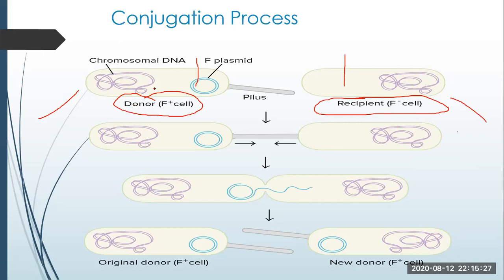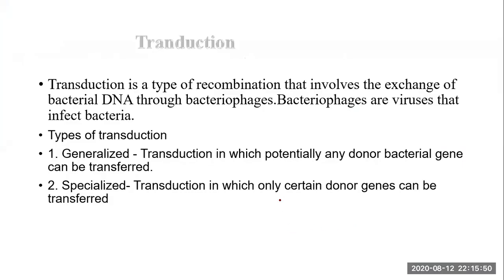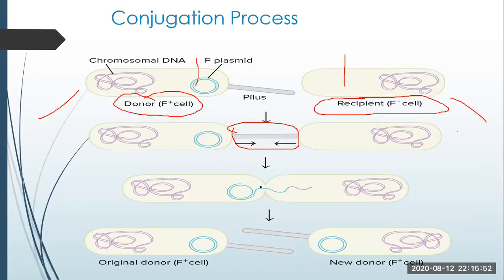So how does it happen? The donor cell joins with the recipient cell, and forms a bridge which is called a pilus. This pilus is contained by the donor cell, and through this pilus one fragmented portion of the plasmid is transferred to the recipient cell, and after the transfer the pilus is broken down.